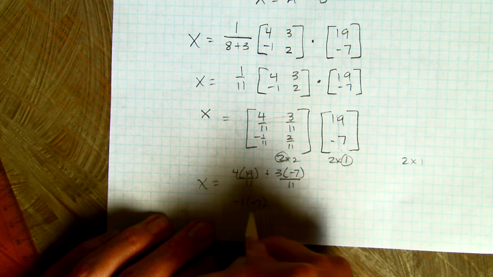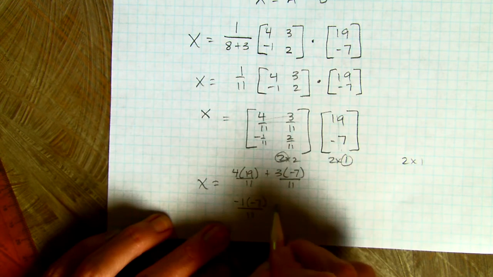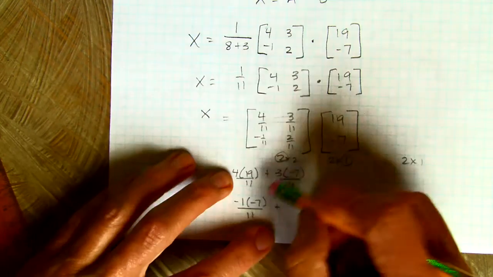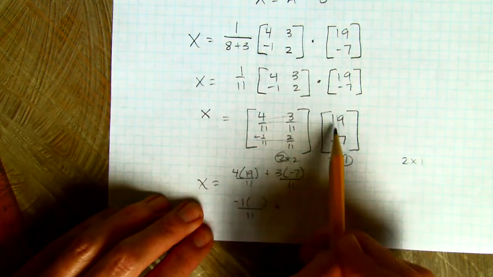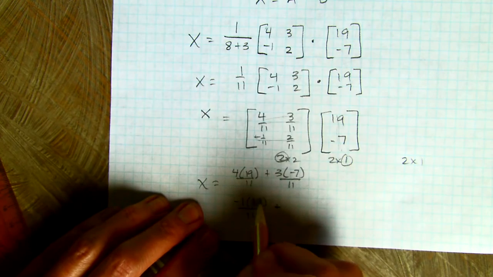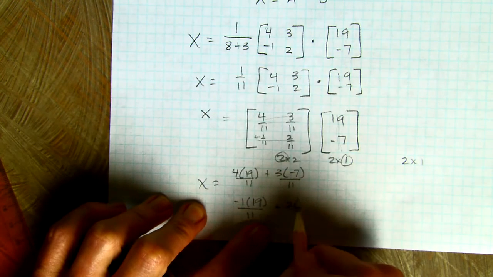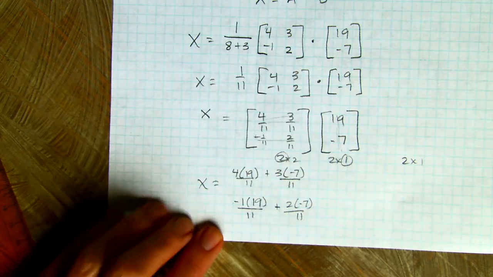negative 1 times 19 over 11, plus 2 times negative 7 over 11, row by column.